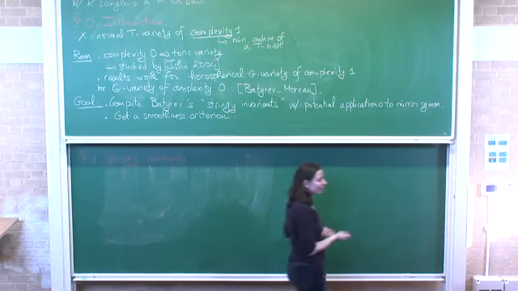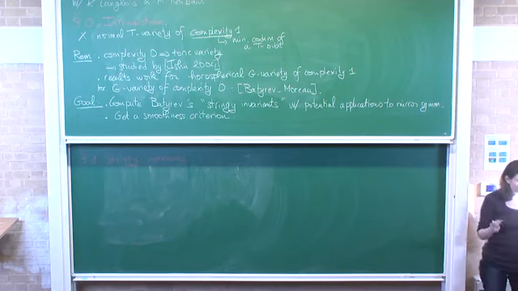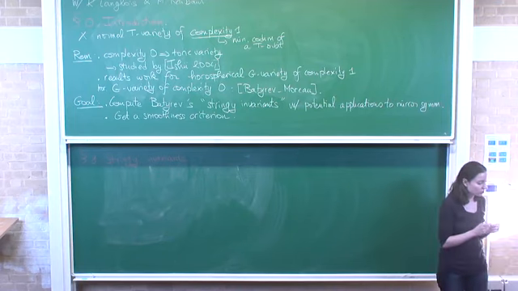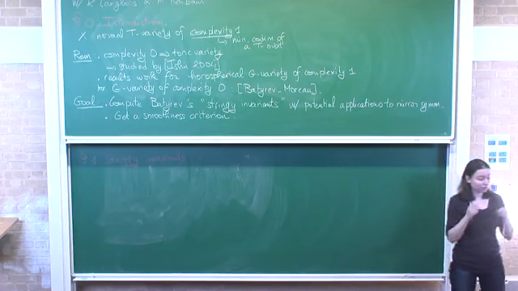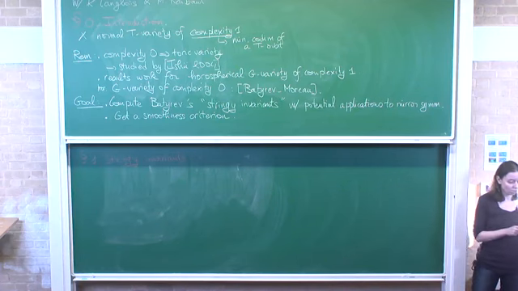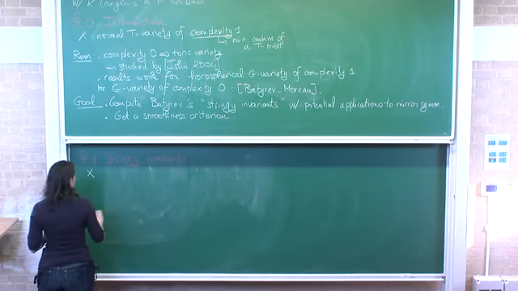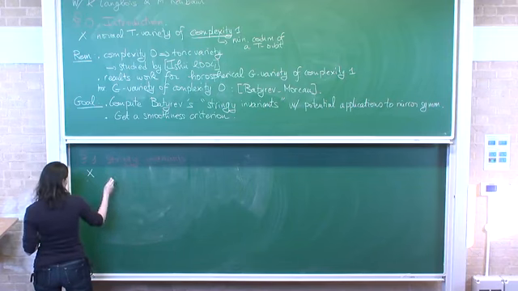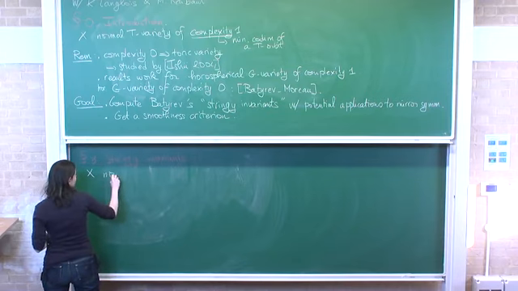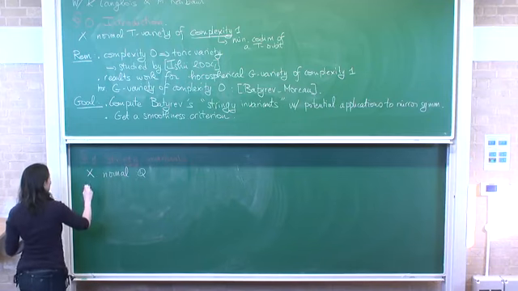The setup is one of those T varieties of complexity 1, but I'm going to make some further assumptions. First, I'm going to start with a Q-Gorenstein variety, so I'm going to ask that any canonical divisor is Q-Cartier. Here I don't need a T variety, so I'm just going to say that X is normal Q-Gorenstein. I should have said earlier that I'm always over C.